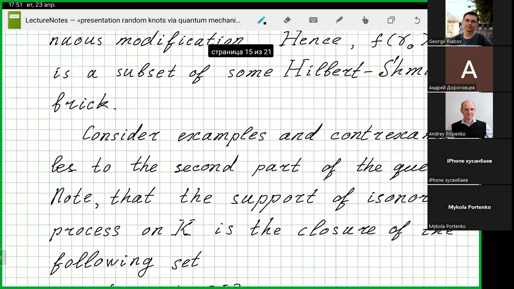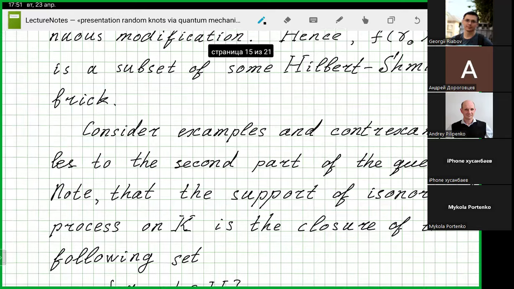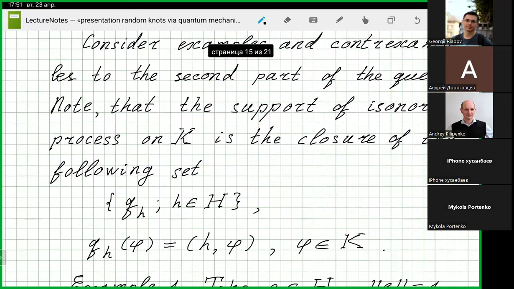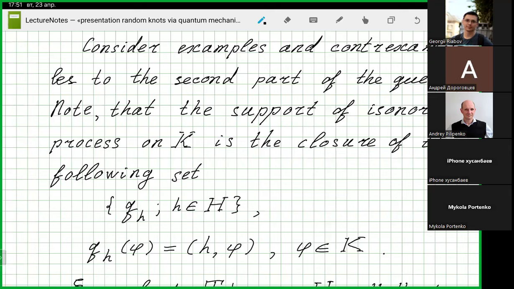Now consider examples and counterexamples to the second part of the question. So we will consider compacts where the support of the isonormal process coincides with CK. Let me say that we can forget about all probability theory. Why?